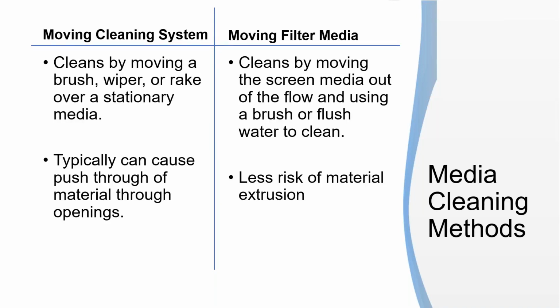It tends to be a lower capture rate as a result, versus a moving filter media, where the media is in the channel and then being brought up out of the channel for cleaning, which means it has much less risk of material extrusion, but also typically a little more in the way of moving parts and cost. So depending upon what you're looking at for the plant, one of these may make more sense than the other.